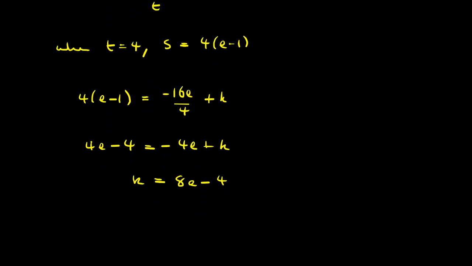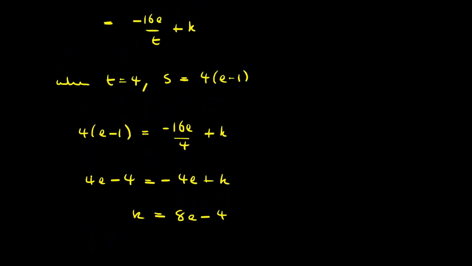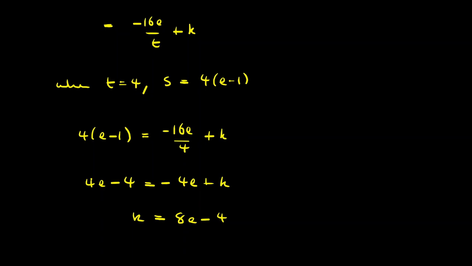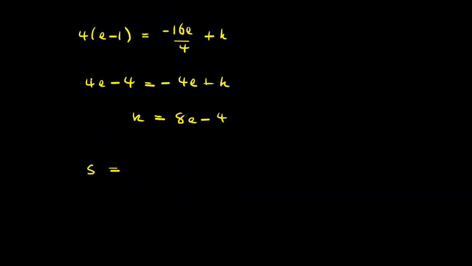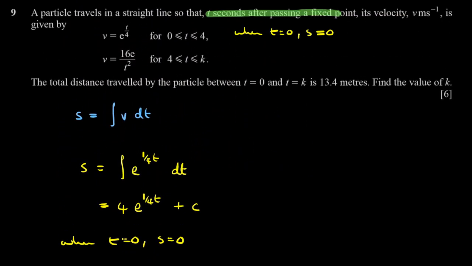Okay, so therefore we can say that the displacement s is given by the equation negative 16e upon t, plus this thing here, which is 8e minus 4, right? That's our constant there. Okay, so now if we go all the way up, we can say that the total distance traveled by the particle between t is 0 and t is k is 13.4 meters.